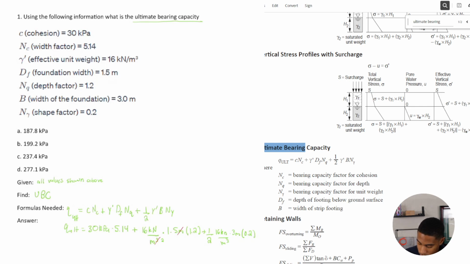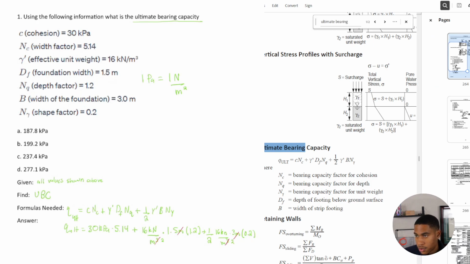And then kilopascals, kilonewtons over meters squared, and this one cancels to be meters squared as well. So the key thing to note here is that 1 Pascal is equal to 1 Newton over meter squared. Where am I getting this?